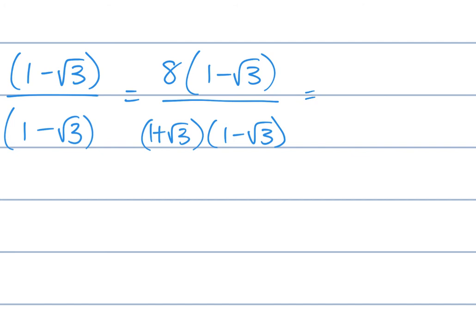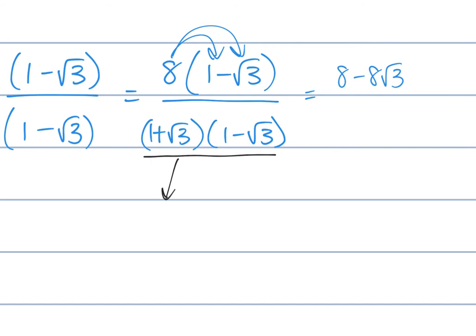Sophia? 8 minus 8 the square root of 3. Very good. Did we distribute in the numerator? Yes. Okay. What do I have to use for the denominator? Go ahead, Sophia. If you already see that it's the same, but with opposite signs in the denominator, do you have to FOIL it? No. Okay. If you know that this is difference of squares, you can use that.